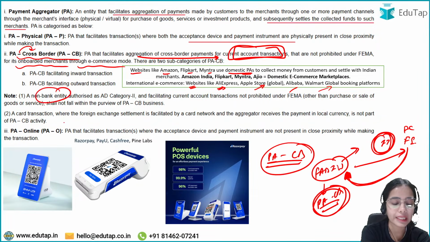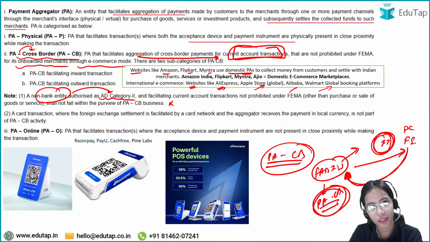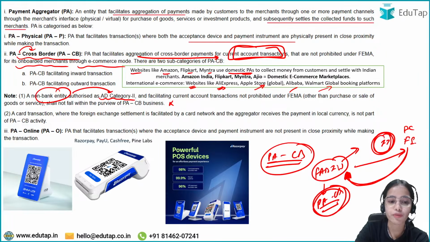Now a non-bank entity that is already authorized as authorized dealer category 2, they will not fall under the purview of these directions basically because they are already allowed to undertake the foreign exchange transaction. So they do not have to follow the payment aggregator cross-border directions because they are already following the directions for the authorized dealer category 2.